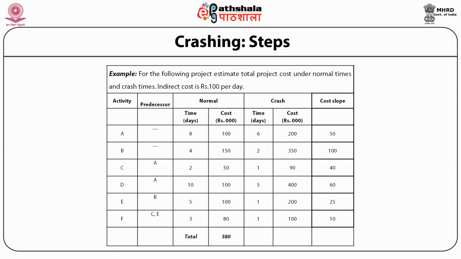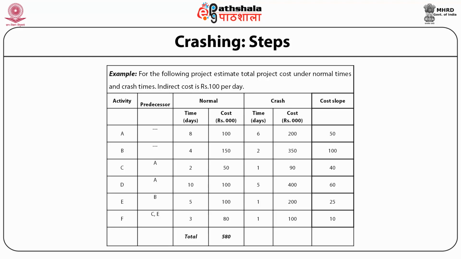Example: for the following project, estimate total project cost under normal times and crash times. Indirect cost is 100 per day. Activity A, predecessor nil, time 8 days, cost 100 rupees, crash time 6 days, cost 200 rupees, cost slope 50.